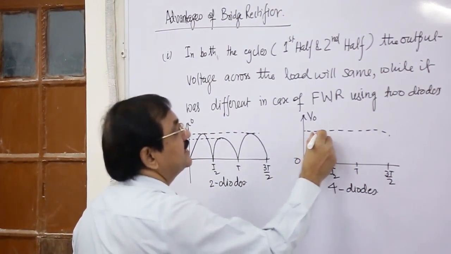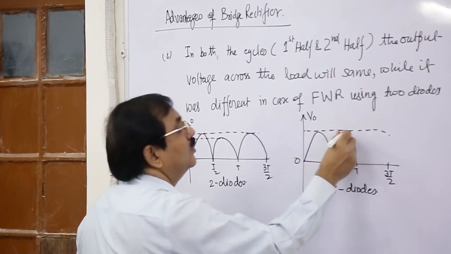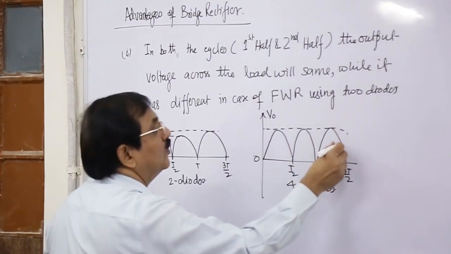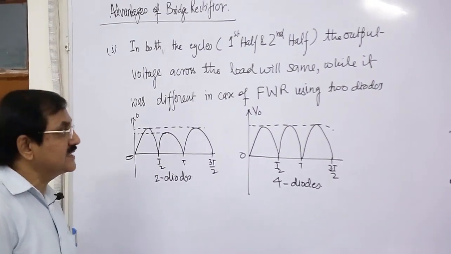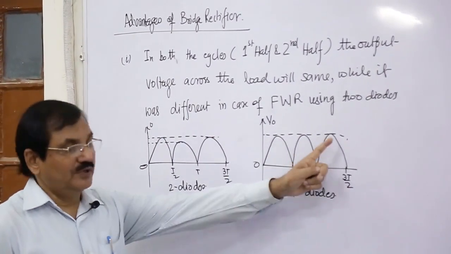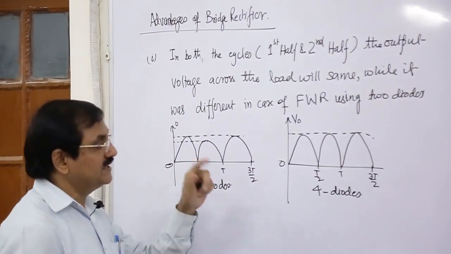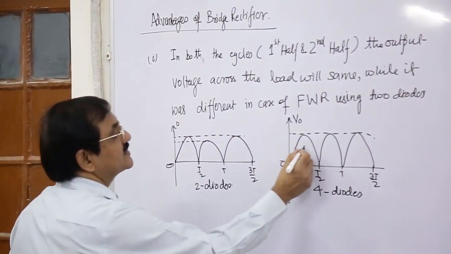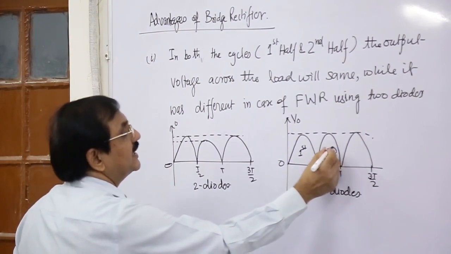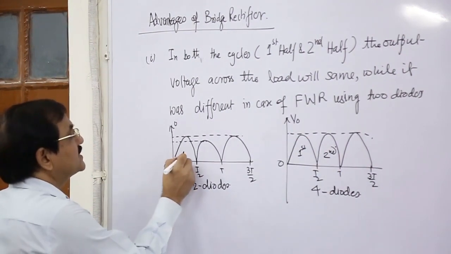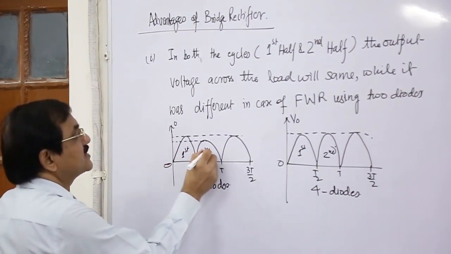In case of bridge rectifier, the output voltage is constant in both the cycles. This is the first cycle and it is the second cycle. Here it is the first cycle and here it is the second cycle.